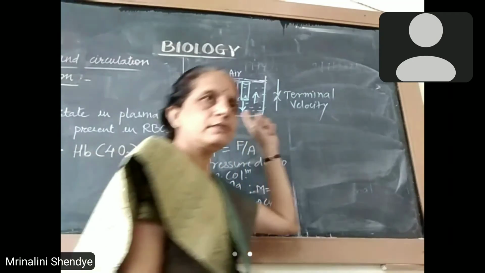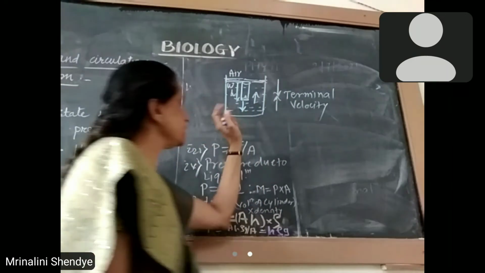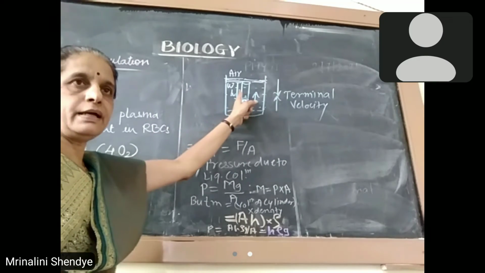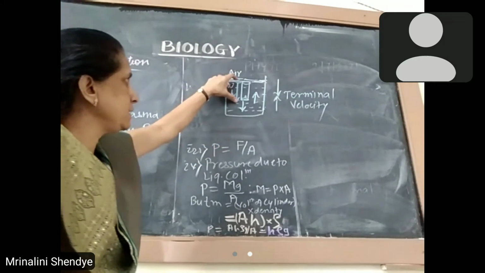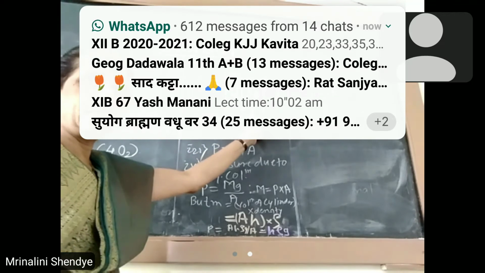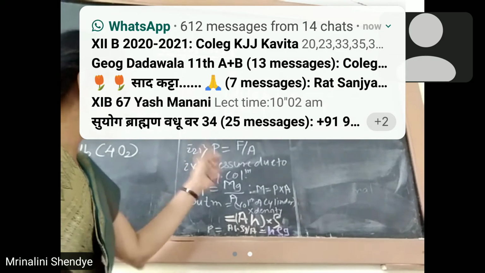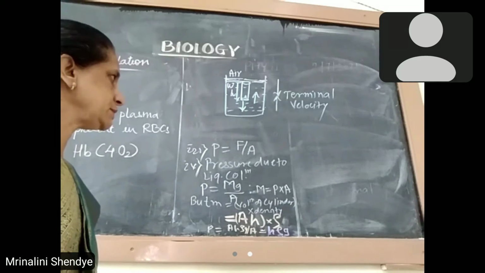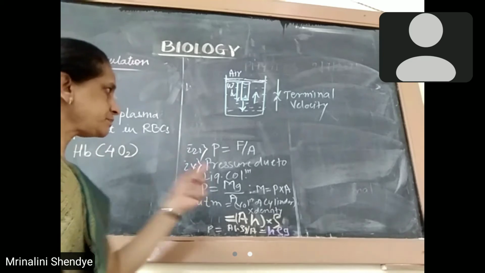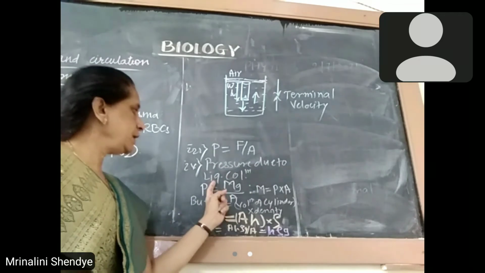Having area A and height H, with the water medium present here, we have to find the pressure due to the liquid column.